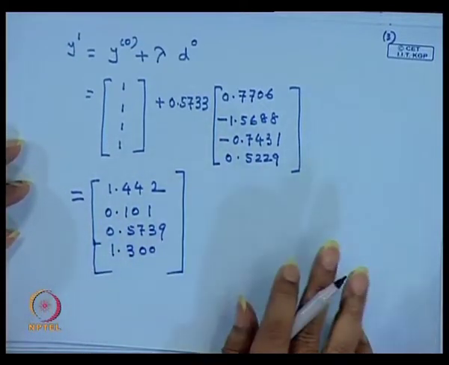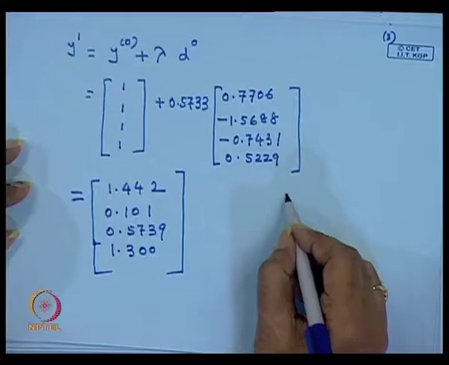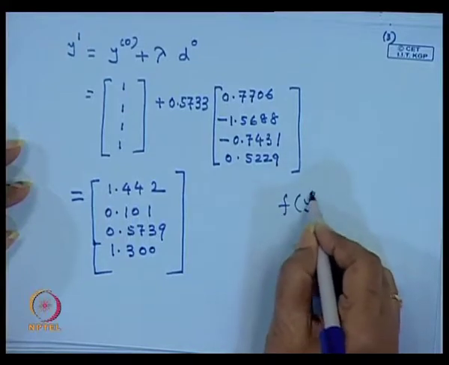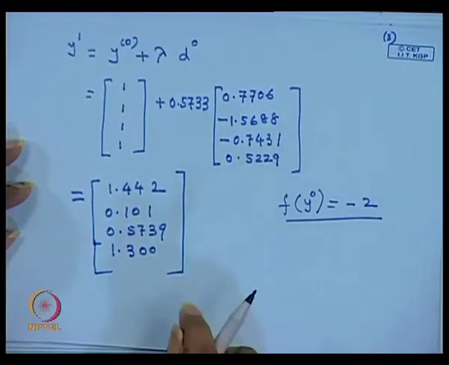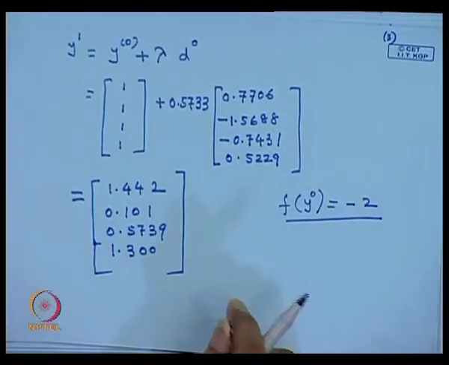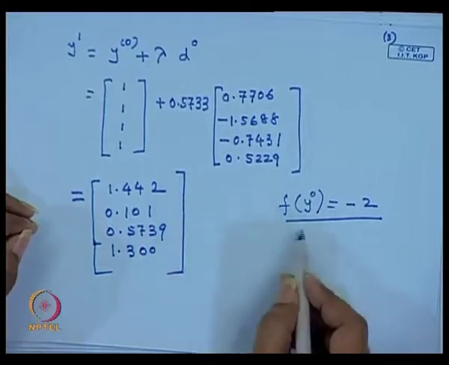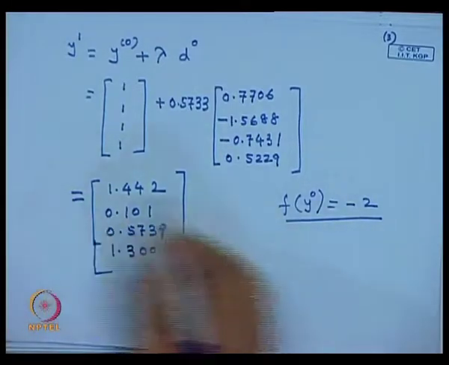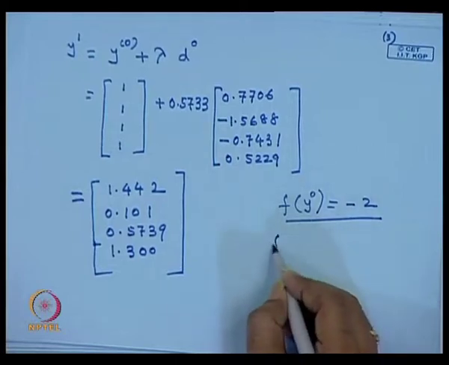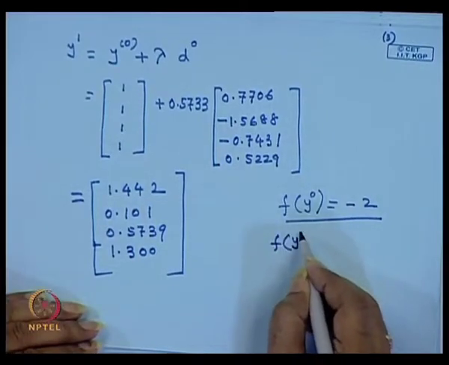Now see what the function value is. Previously, if you look at the previous expression for y of 0, that value you got was minus 2. Then if you compute this one, you will get this value. If you put it here, this value is y. What is the value of y of 1?